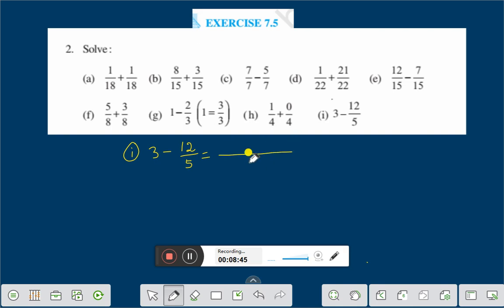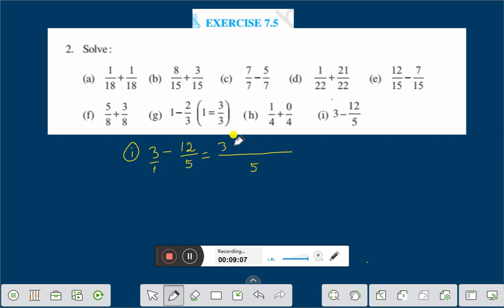LCM is 5. You have to multiply this number 3 with 5. 3 can be written as 3 by 1, so 3 fives are 15.